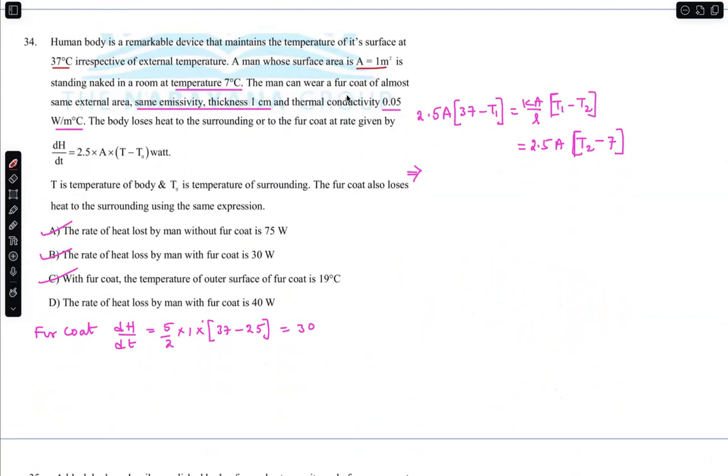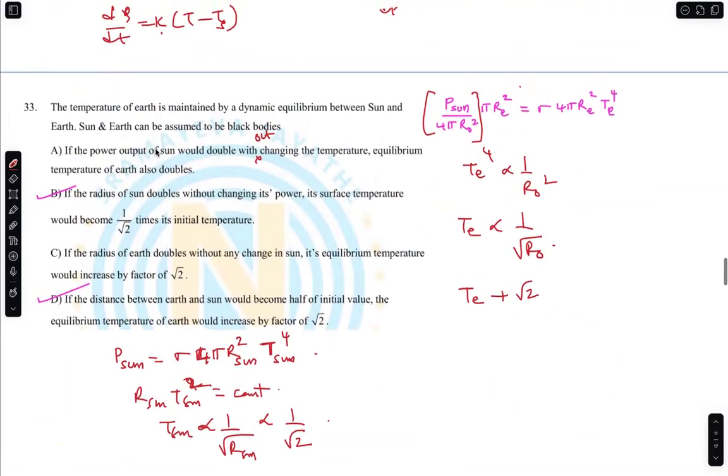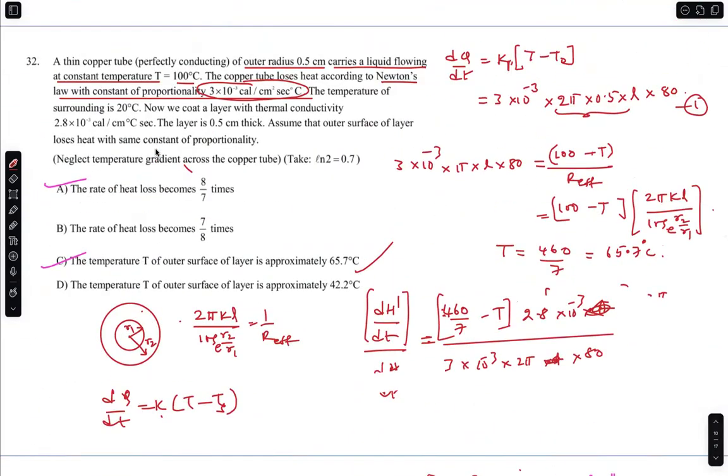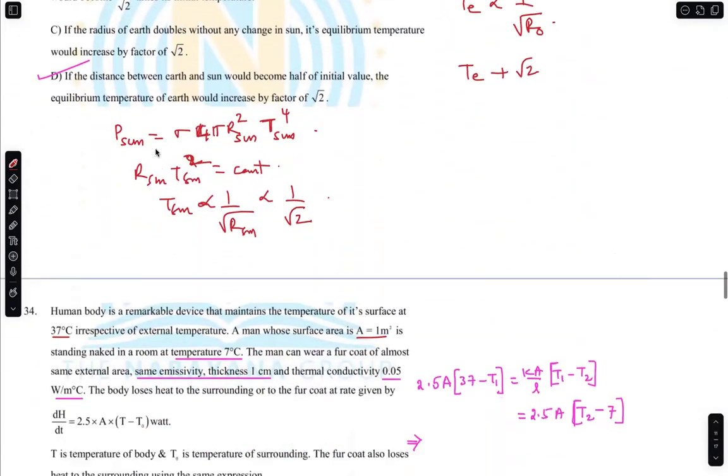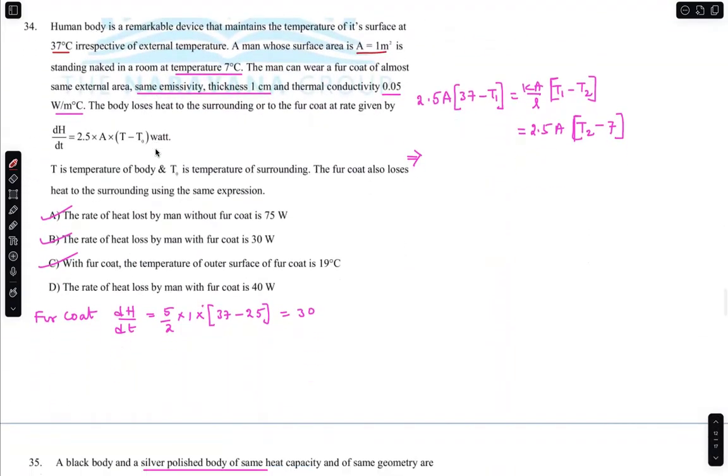The man can wear a fur coat of almost the same external area, same emissivity, thickness 1 centimeter, thermal conductivity so and so. The body loses heat to the surroundings or to the fur coat at a rate given by so and so. It is the same as a cut, copy, paste of this question. If you are good at 32, you'll be good at 34. Right. So let me do this question.